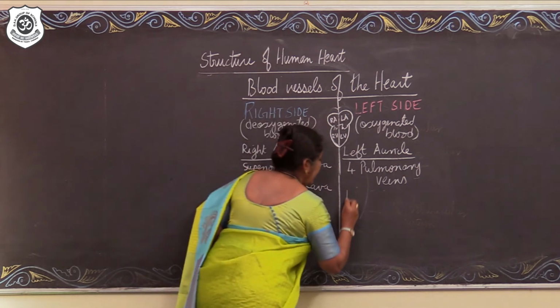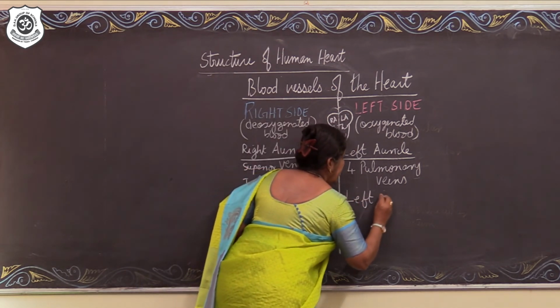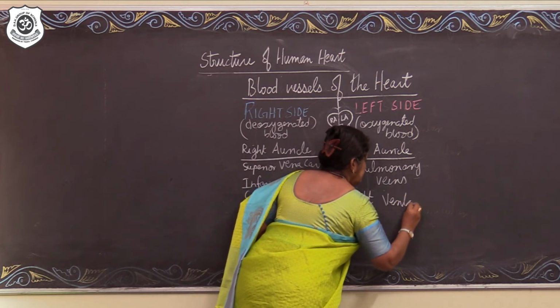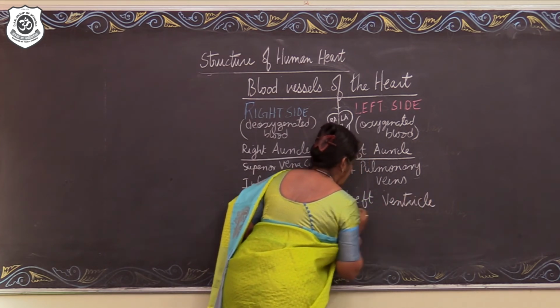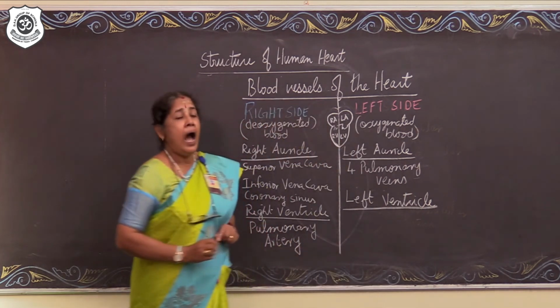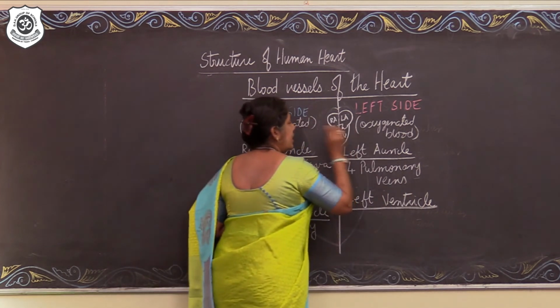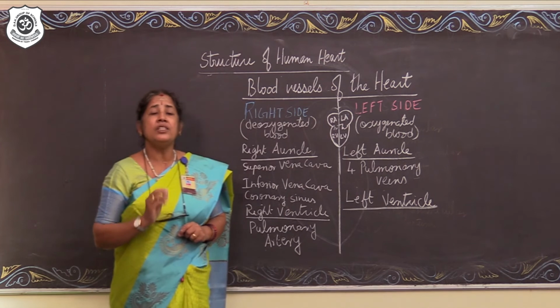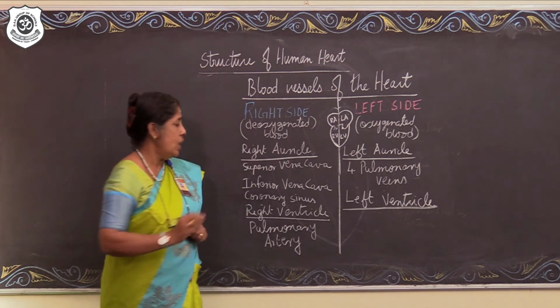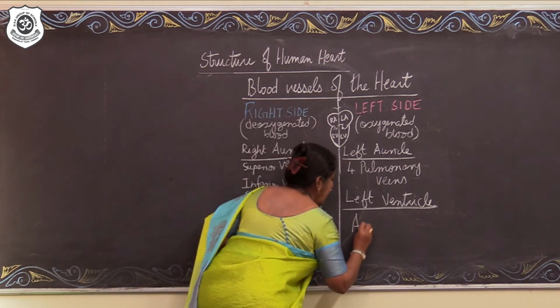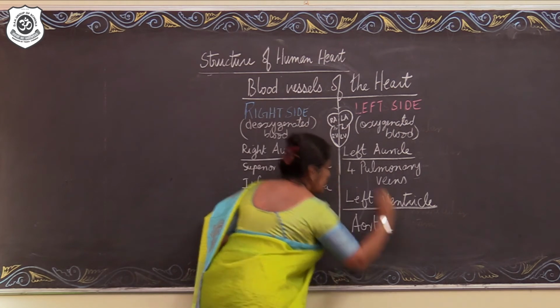Now, let us look into the blood vessel connected with the left ventricle. Arising from the left ventricle is the single largest blood vessel in the body, which is called the aorta.